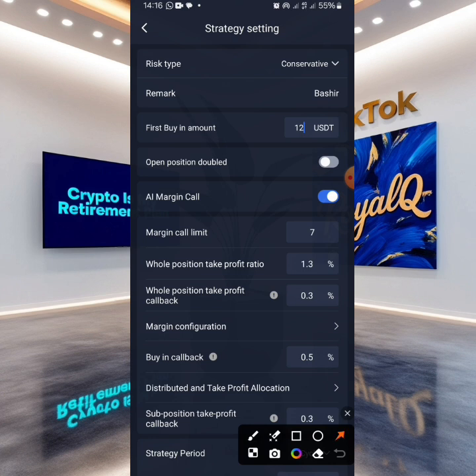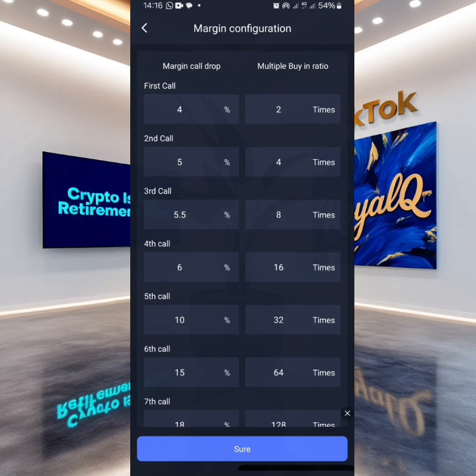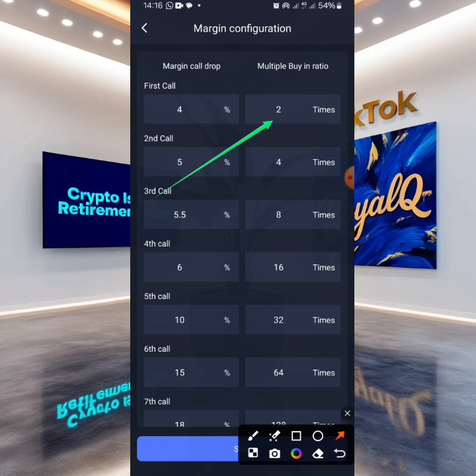Then the next icon is open position doubled. When you switch on this button of open position doubled, it will be doubling each and everything it buys. For example, on the margin configuration, you can put here a 2. After putting there a 2, then this margin configuration corresponds with the first buying amount, and the bot will say that 2 times 12, that is 24.